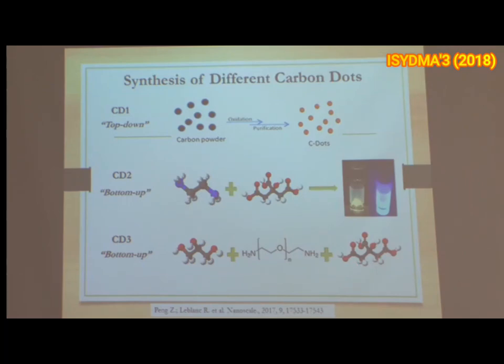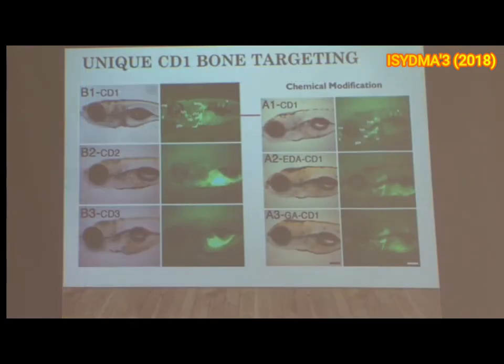So we have 3 preparations and we inject them into the zebrafish again. What we find out is, for the first one, we can see the bone formation here. If you look at the second preparation, we don't see any imaging of the bone. And the third preparation, we don't see any bioimaging of the bone either.